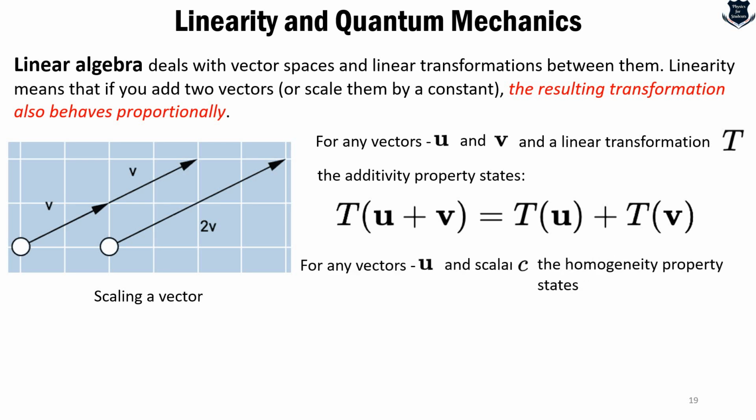And for any vector u and a scalar c, the homogeneity property states that T(c·u) would be equal to c·T(u). So we see that the additivity property, the homogeneity property, and a lot of other properties which I have skipped to keep the video crisp, are all related to linear algebra, and they are very linear and behave proportionally.